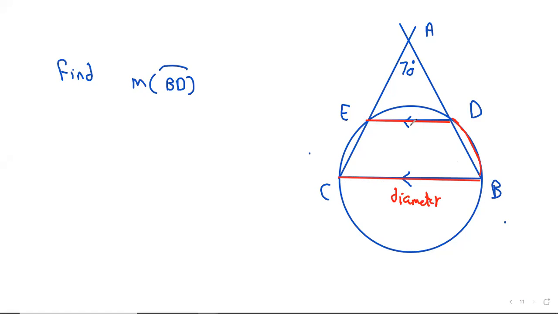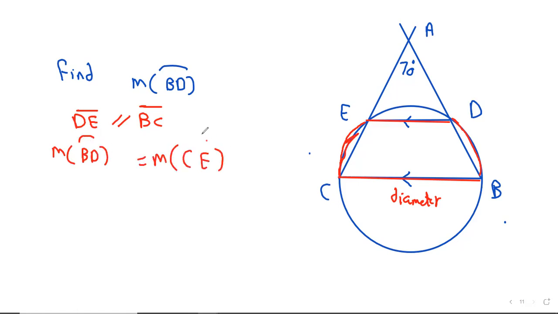So here we have two parallel chords. DE is parallel to BC. They are parallel, so the arcs included between them are equal in measure. So the measure of the arc BD equals the measure of the arc CE. They are equal in measure because they are included between two parallel chords.